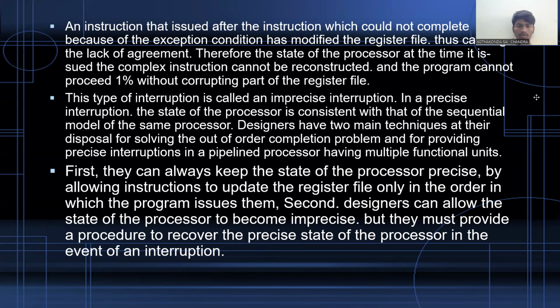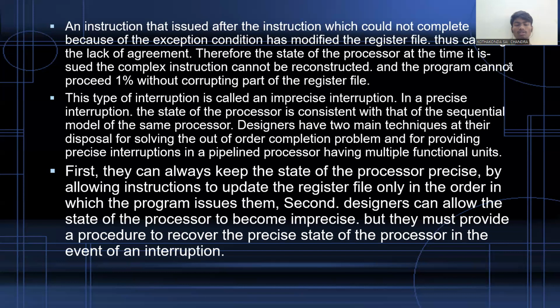In a precise interruption, the state of the processor is consistent with that of the sequential model of the same processor. Designers have two main techniques at their disposal for solving the out-of-order completion problem, and for providing precise interruptions in a pipeline processor having multiple functional units.